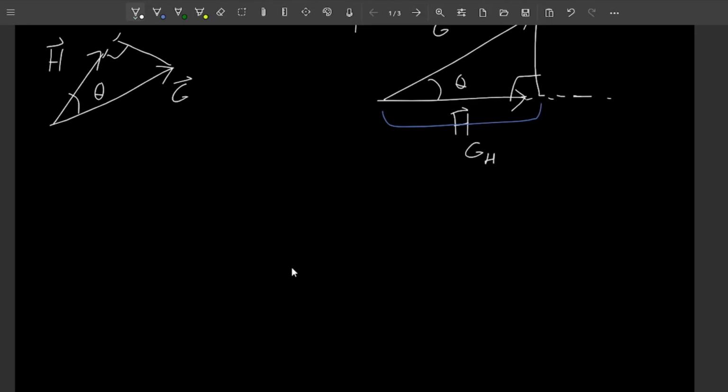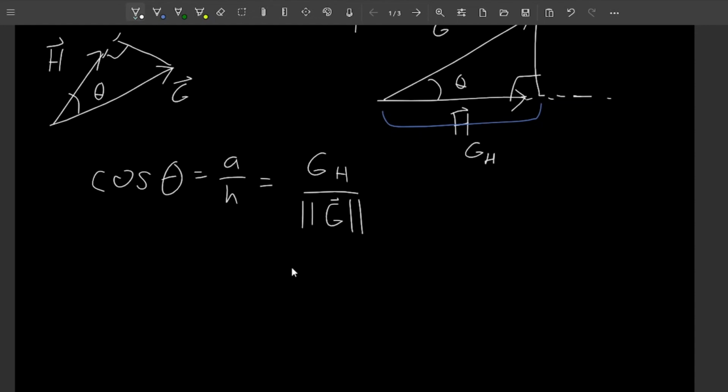Now, how could we find a relationship with this value to something we already know? Well, we can use trigonometry. Consider the cosine of theta, which is equal to adjacent over hypotenuse, which in this case is g of h over the magnitude of g.